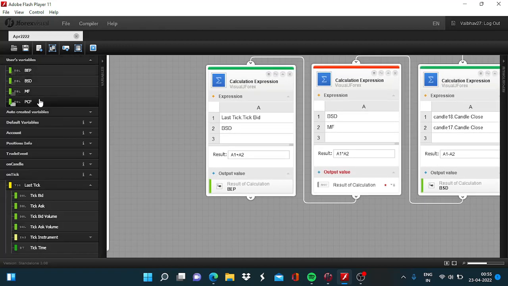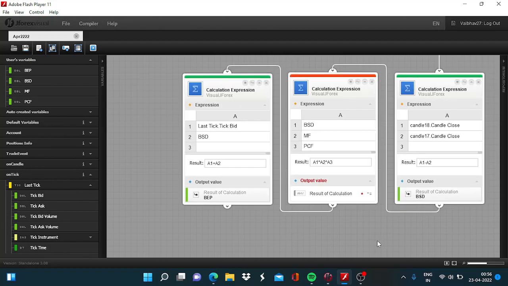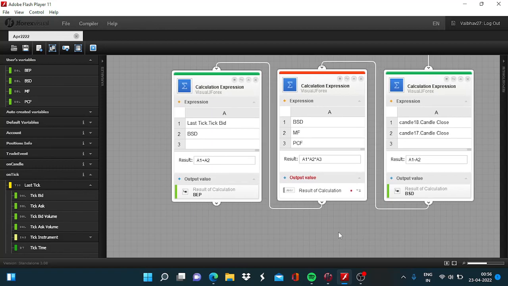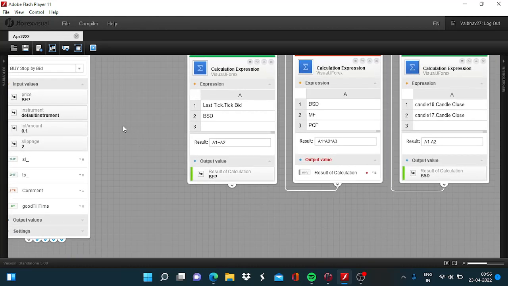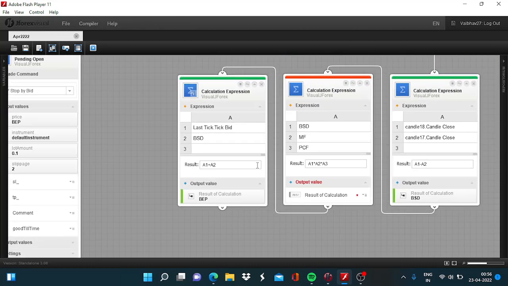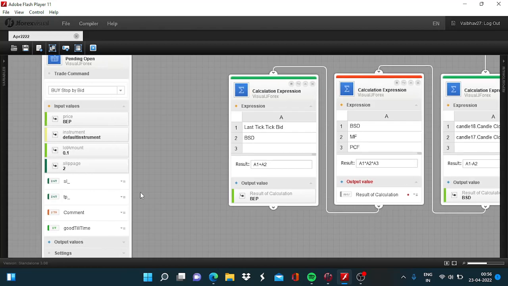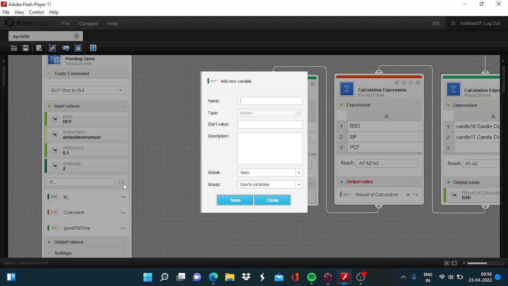I will get the variable, and this will be multiplied by A3. A1 into A2 into A3, and that's our stop loss.